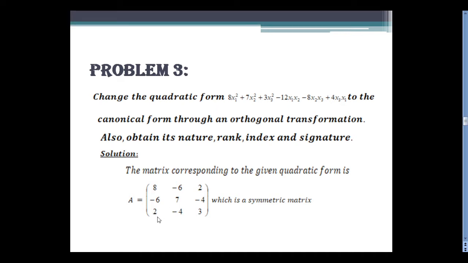The same value 2 goes here. Then here, half into the coefficient of x2 x3. The x2 x3 coefficient is minus 8, so half into minus 8 we get minus 4. Here also minus 4. Now check this matrix is a symmetric matrix and we can continue our problem.